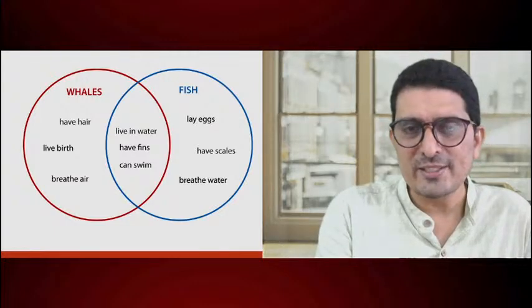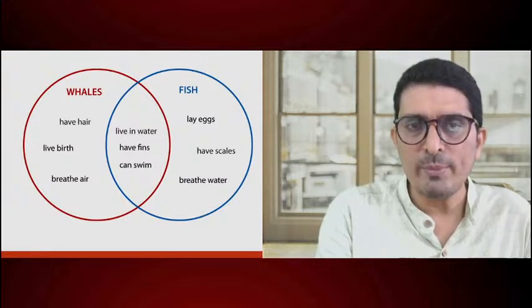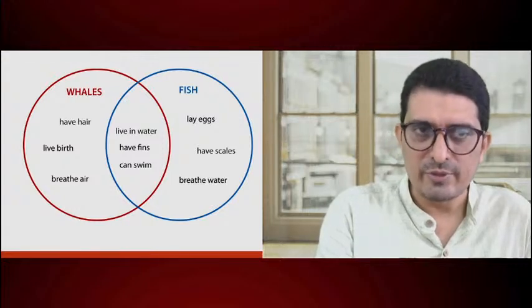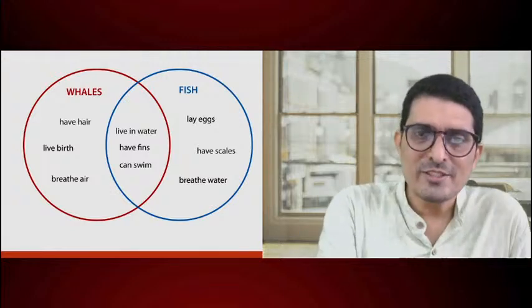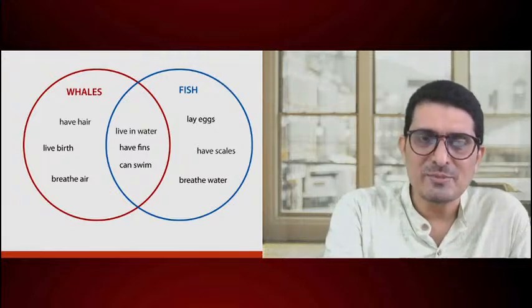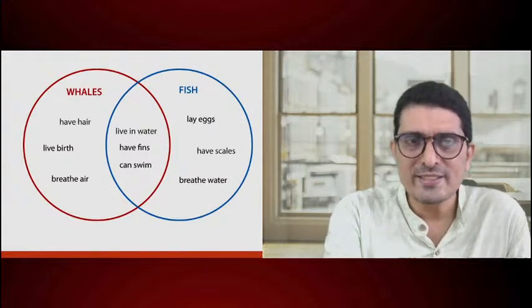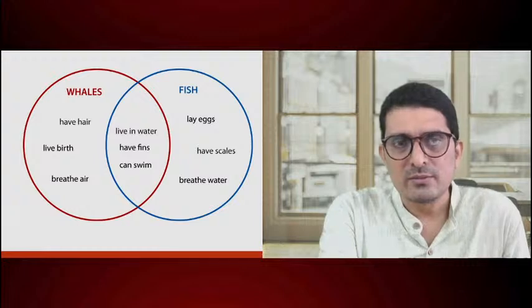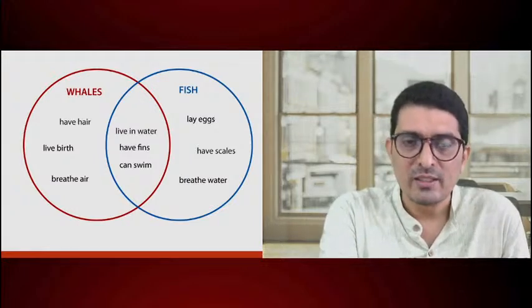Then these are some exclusive features of fish: lay eggs, have scales, breathe water. Then these are some common elements seen in whales and fish: live in water, have fins, can swim. From here, by looking at the Venn diagram, your students can compare and contrast and understand the common features in the two different items.